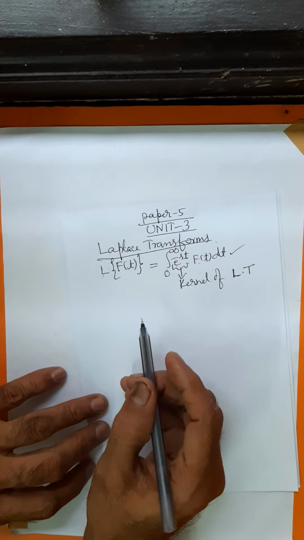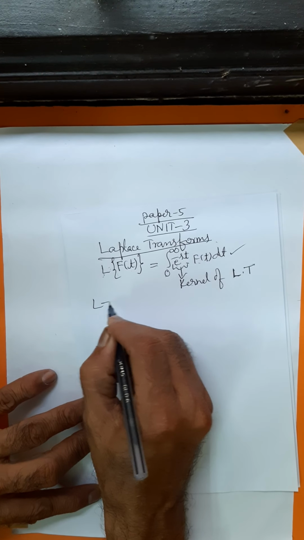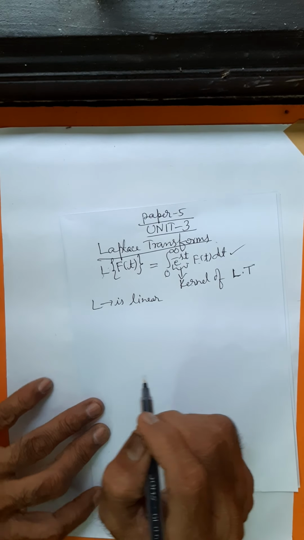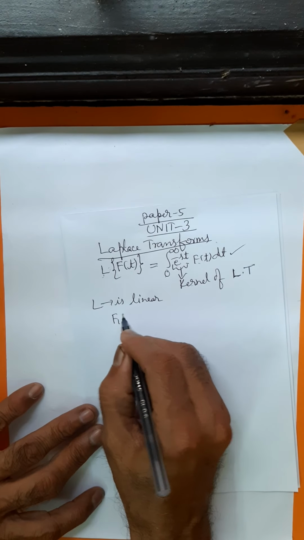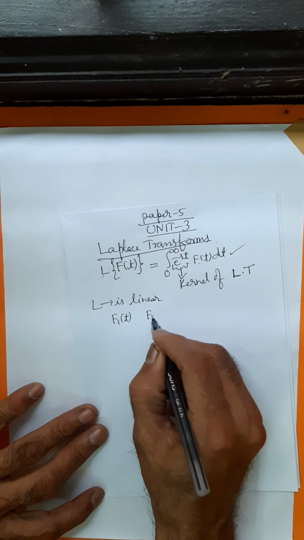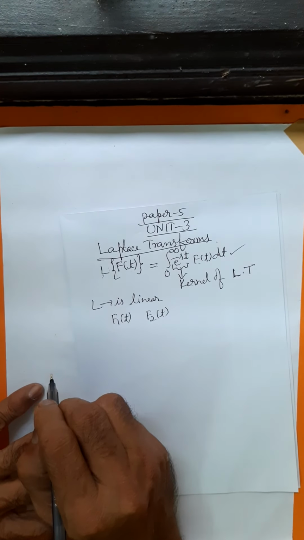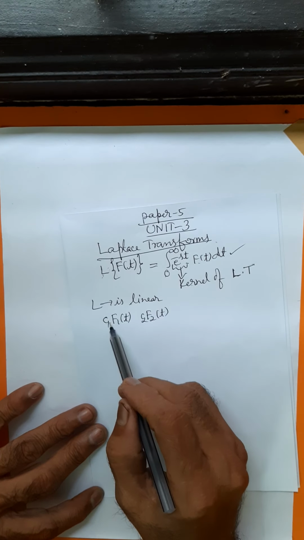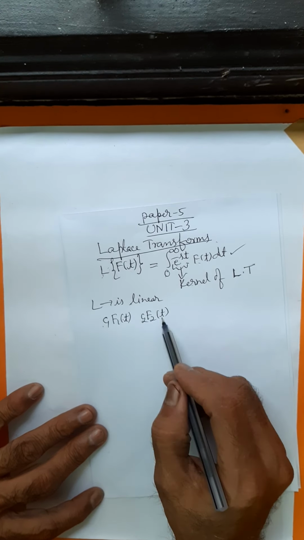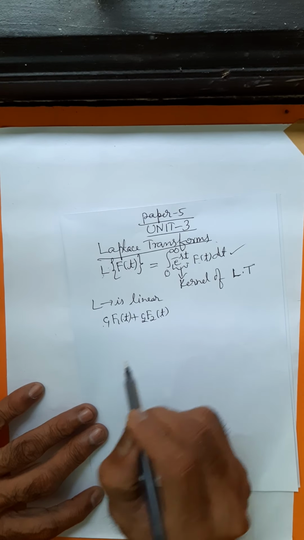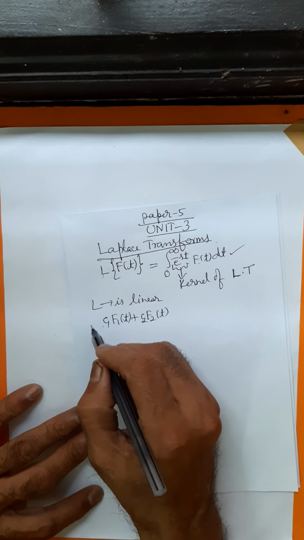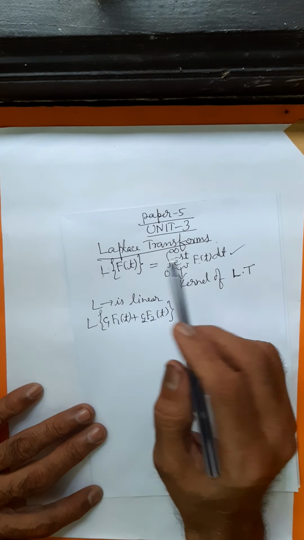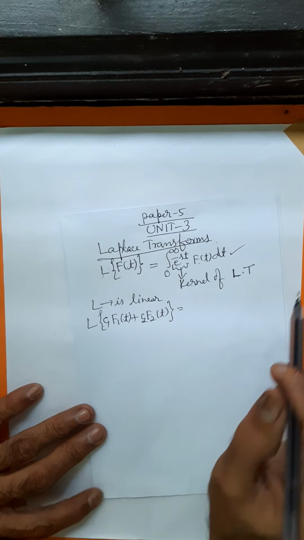This operator L is a linear operator. What do we mean by linear? Take two functions f1 of t and f2 of t, and constants c1 and c2. Multiply f1 of t by c1, f2 of t by c2 and add them. What is the Laplace transform of this?